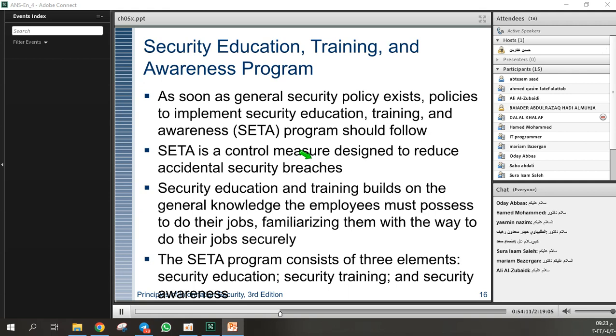But sometimes there are intentional activities. It means that I do it with complete knowledge. It's something intentional. It's completely different from something accidental. Accident is accident.